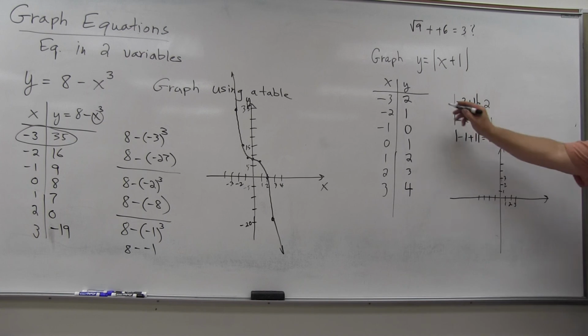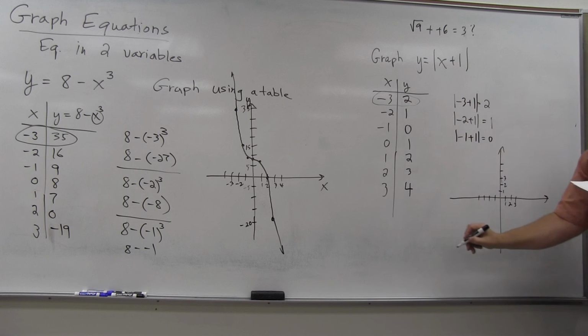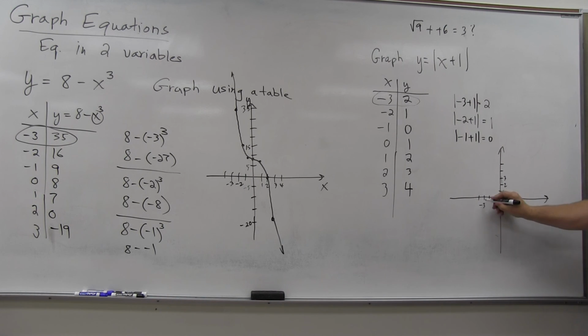All right, we got negative 3 and y is 2. Negative 2 is 1. Negative 1 is 0. 0 goes with 1. 1 goes with 2. And then x is 2, y is 3. Yeah, that should have been higher. And then 3 goes with y is 4.